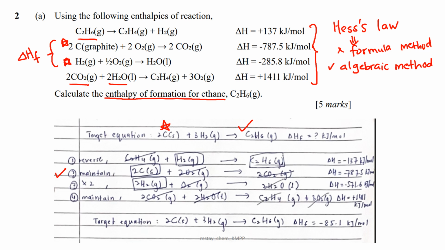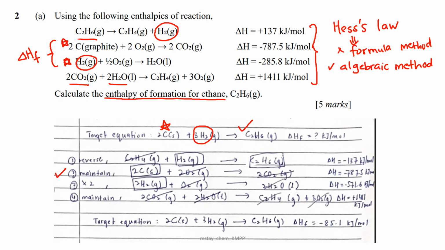Next, we have the hydrogen gas, but this hydrogen gas appears twice in the above equations, at equation 1 and equation 3. So if this is the case, normally we will ignore hydrogen gas first and we proceed to C2H6.